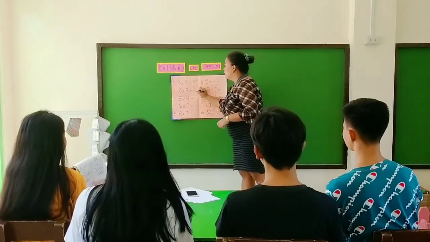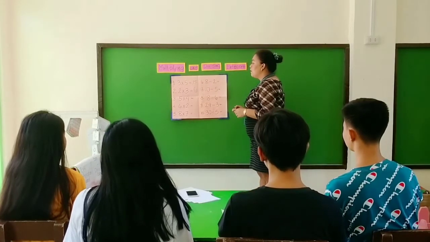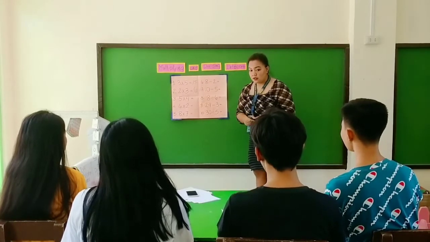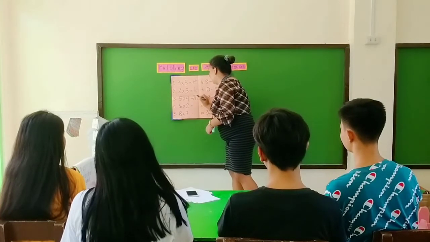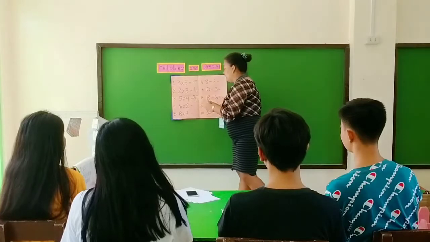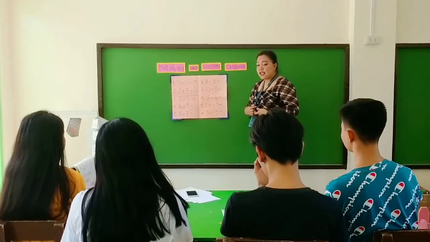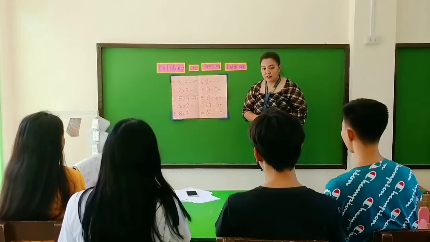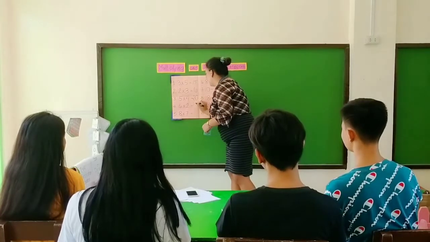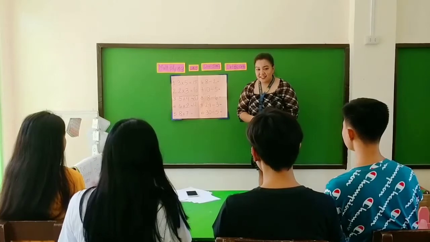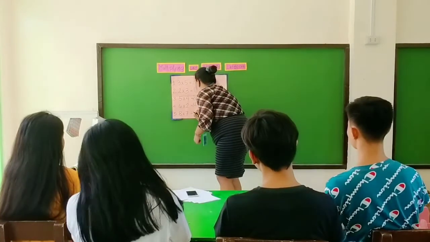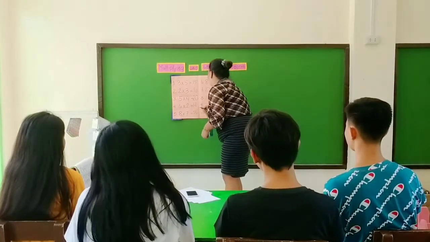Very good. 5 times 4 is equal to 20. Very good. You are very smart. 6 times 2 is equal to 12. Number 5, 8 times 7 is 56. Very good.